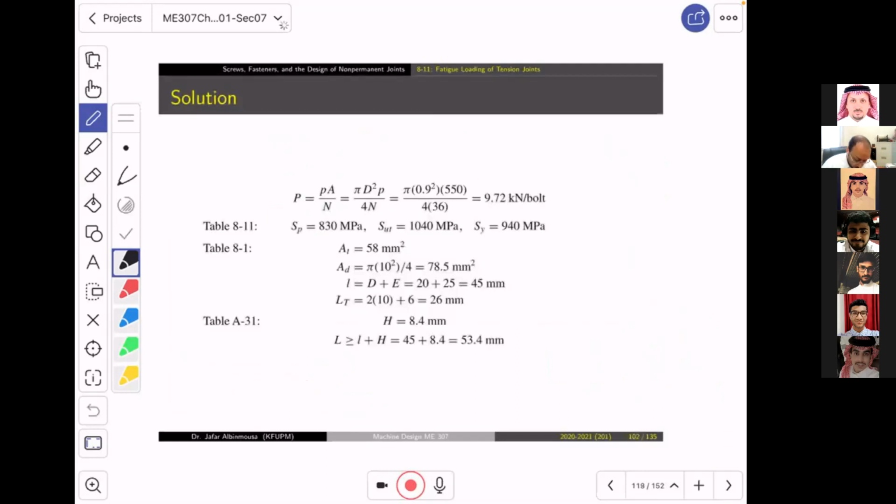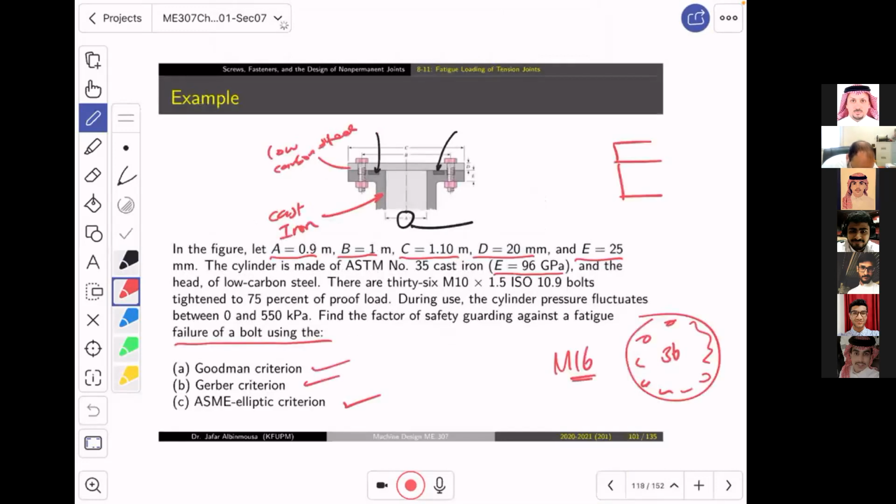Look, we came to the pressure, and then we multiply it by the area, and we divide it by N. The area is pi over 4 D square, right? Notice, the diameter is A. Why A?